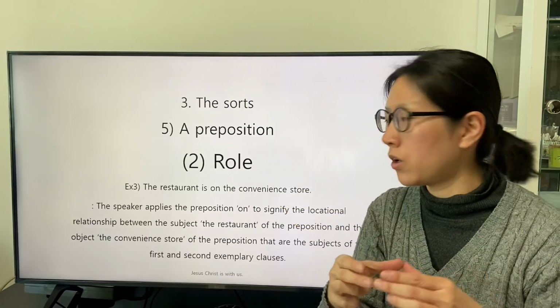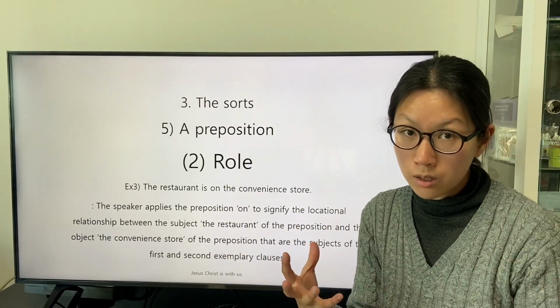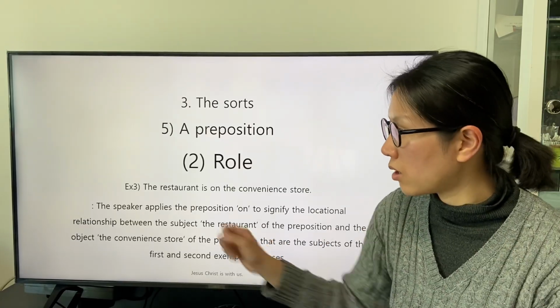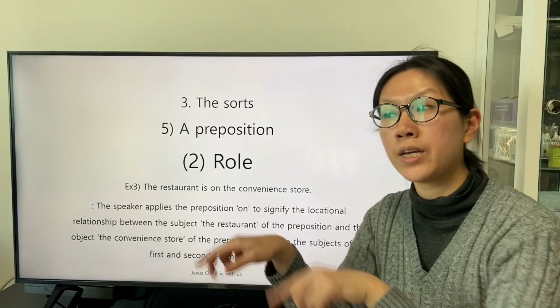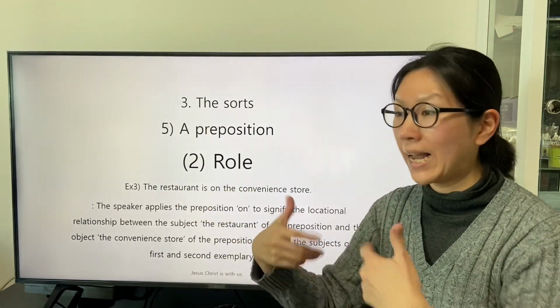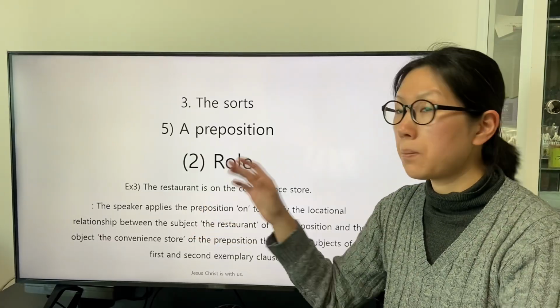The definition of the preposition on mediates the subject and object reliant on the actualization of the be verb is.